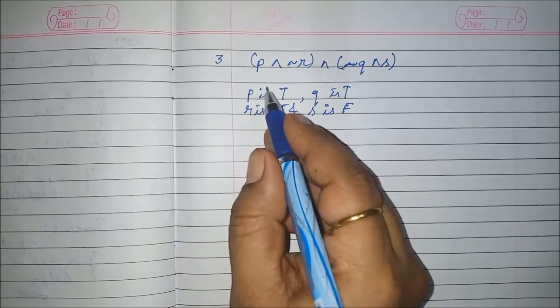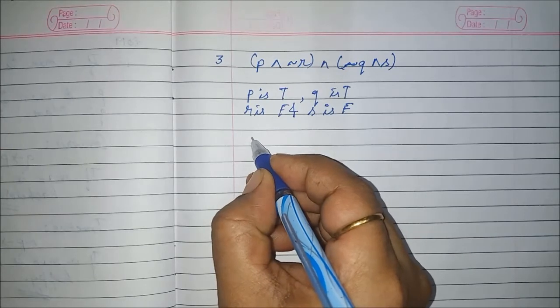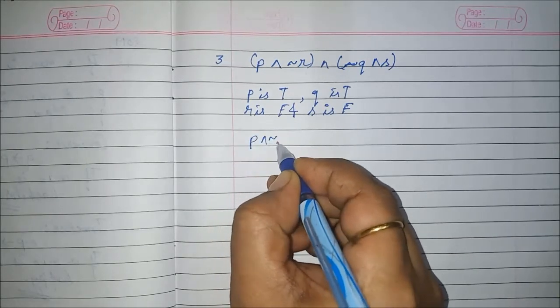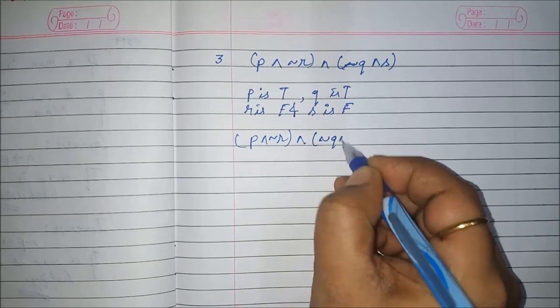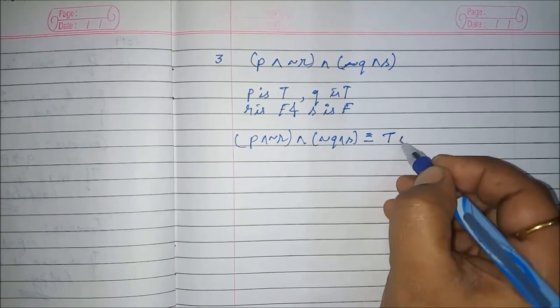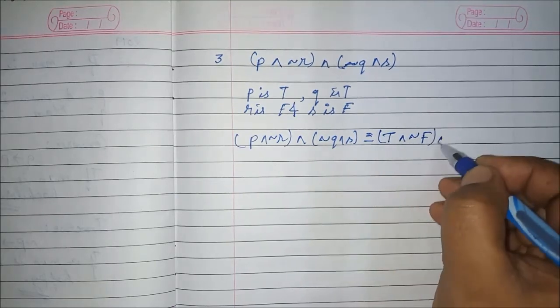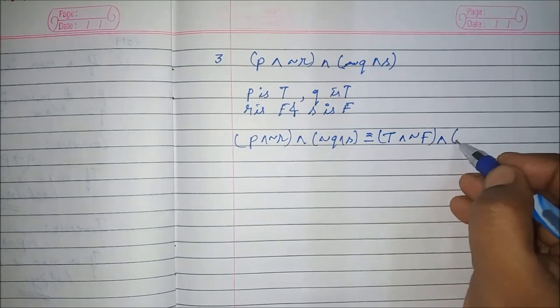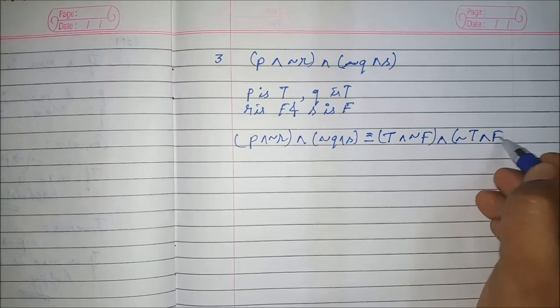See, statement pattern is P and not R and not Q and S. This is equivalent to: P is true, and not R, R means F, and not Q, not Q means false, and S means false.